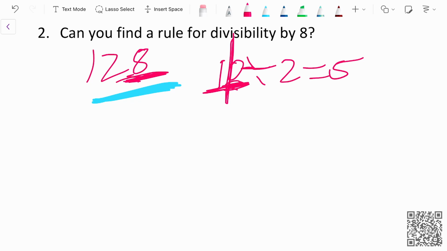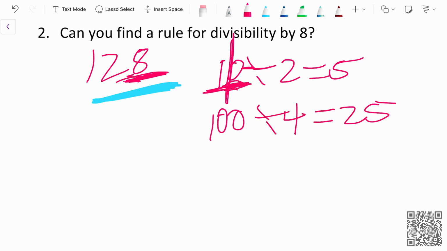You just need to look at the last number. And it's a little bit more complicated with 4, but same logic. Like 100 is divisible by 4, because you would get 25. So you can cut off the hundreds place, because any number of hundreds is divisible by 4. So you just need to look at the last 2.